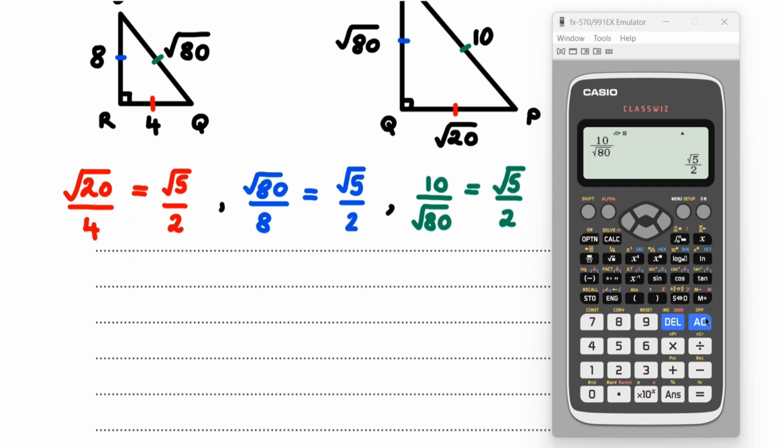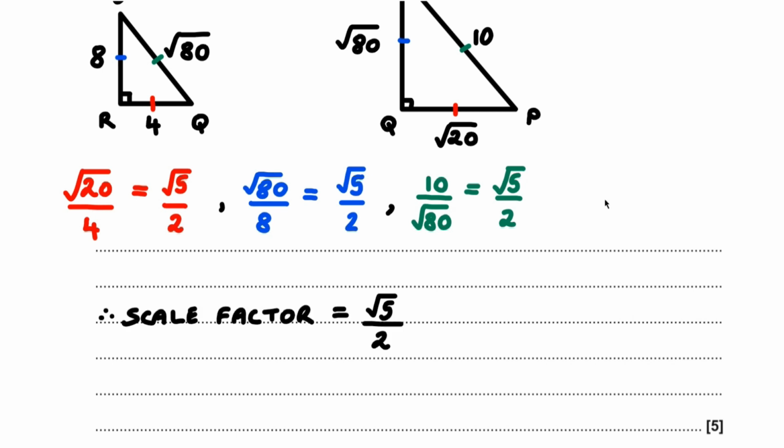So what can we say here then? I've got root 5 over 2, which is my scale factor, which means the triangles are similar.